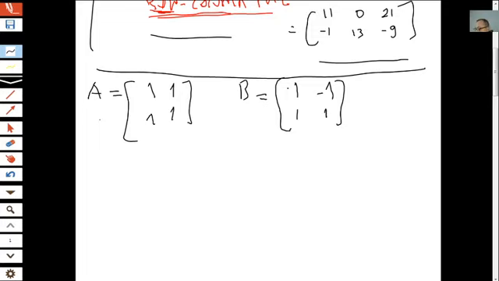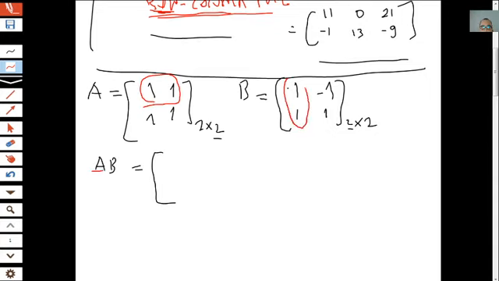Let's multiply them. A times B, we can apply the matrix multiplication because the sizes are proper, 2 by 2, 2 by 2. We have the common number, so it is equal to, using the second way, namely the row column operation, we take the first row of the first one and the first column of the second one, so we have minus 1 plus 1, 0.